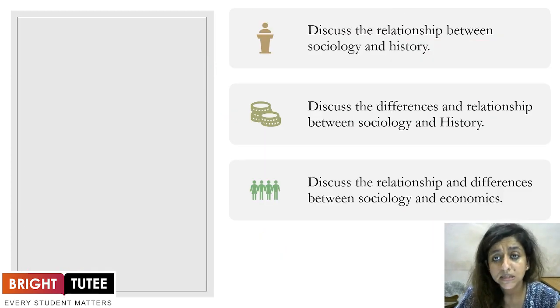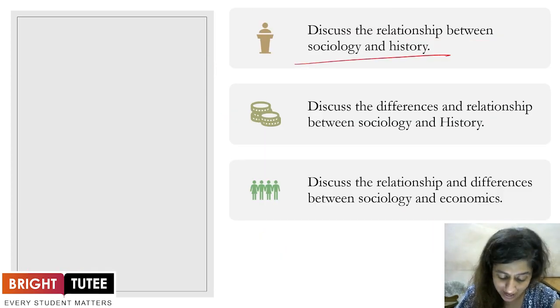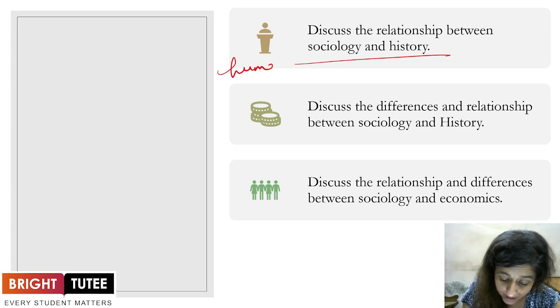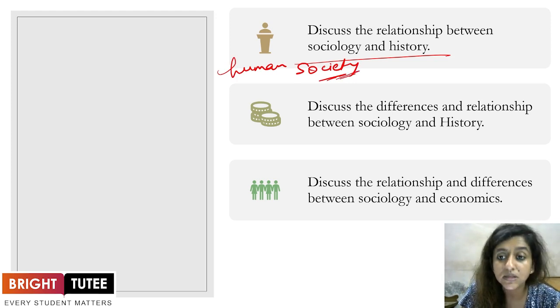Moving ahead, discuss the relationship between history and sociology. We have talked about the concept of historical sociology and sociological history. This is something that can be talked about in the aspect of relationships. Both of them are interested in the study of human society. The debatable matter is the use of methodologies.